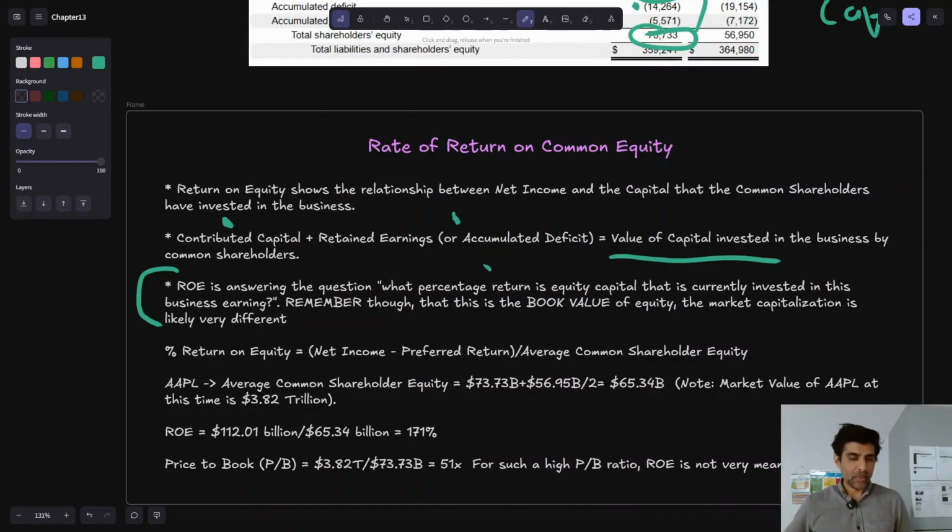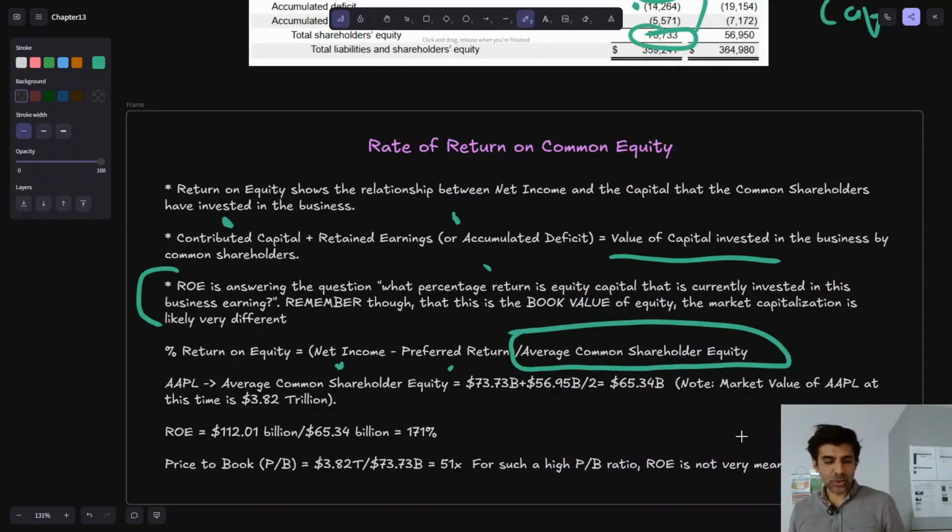So the formula is net income, which is kind of the total pool available, minus any amount paid to the preferred shareholders. That will give you how much the common shareholder is entitled to. And then you divide that by average common shareholder equity, which is the book value of equity.